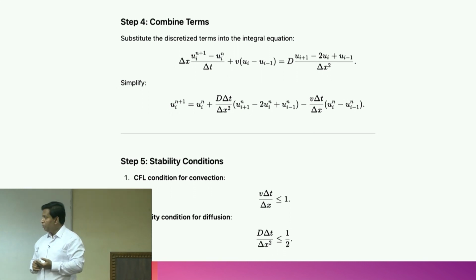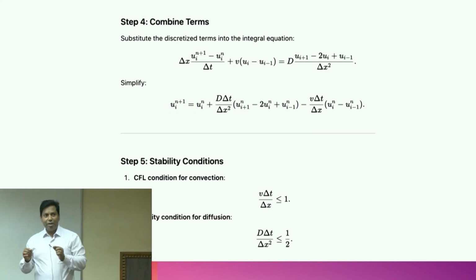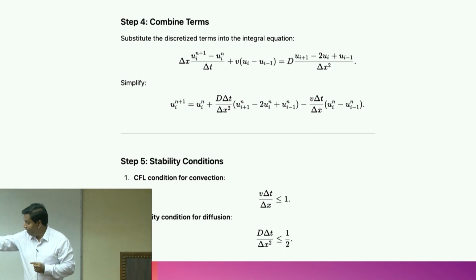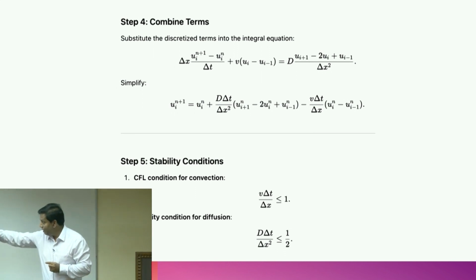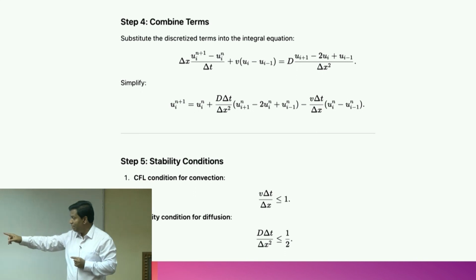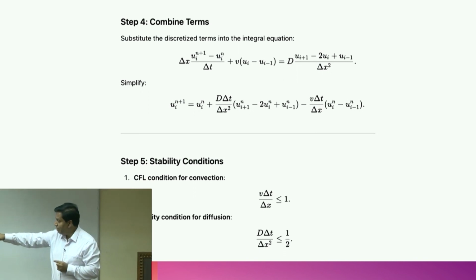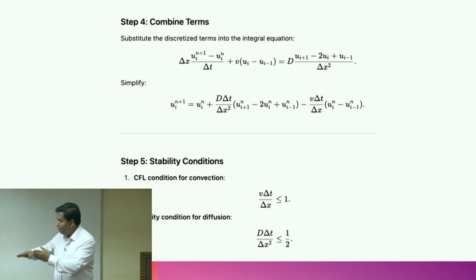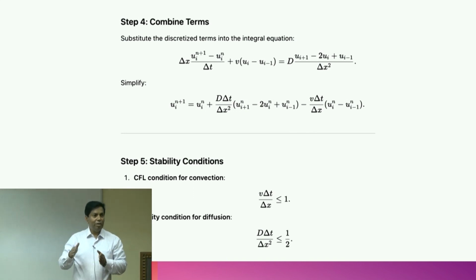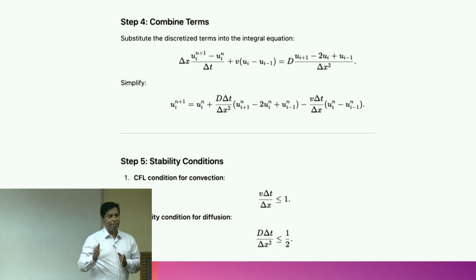If del x is small, then the whole quantity becomes bigger, and if delta t is bigger, the whole quantity becomes bigger. So, you have to readjust when you do meshing and time stepping.